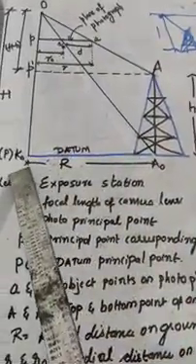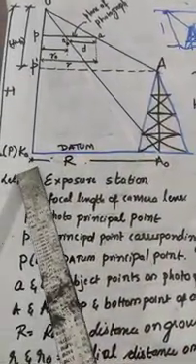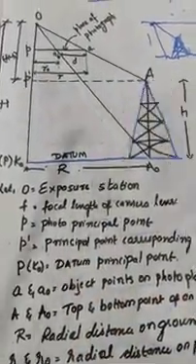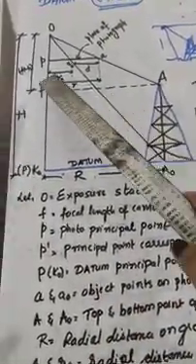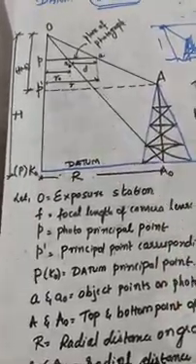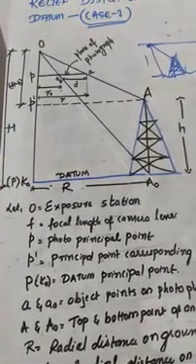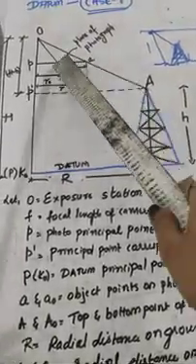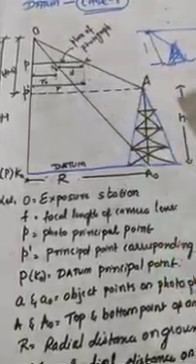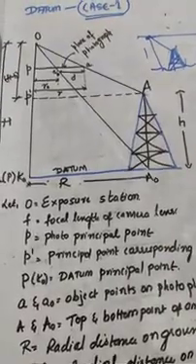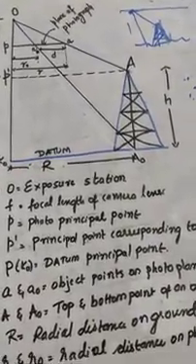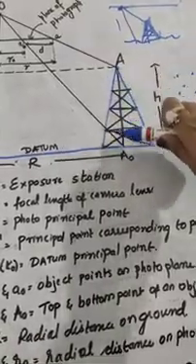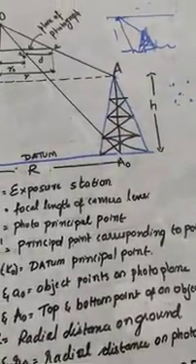This is the principal point of the datum, and this is the point with respect to A, where R0 and R are the radial distances of the objects. And this D is the relief displacement.